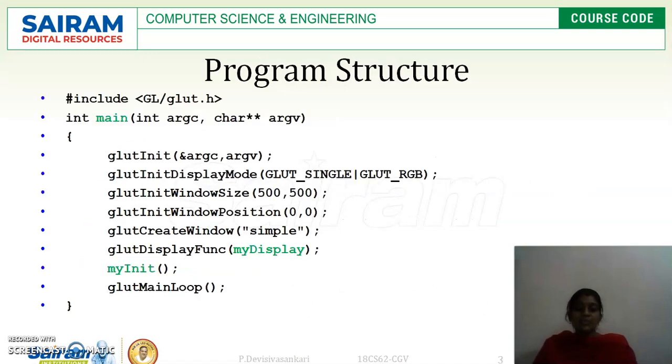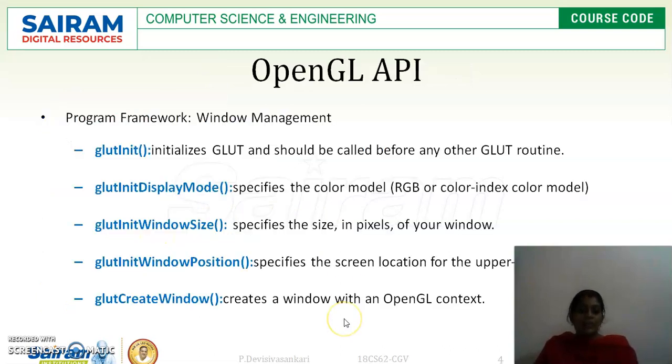If you see the previous program, every function we called is a GLUT function: glutInitDisplayMode, glutInitWindowSize, glutInitWindowPosition, glutCreateWindow. All are GLUT functions, so before calling any GLUT routine, it should be initialized.